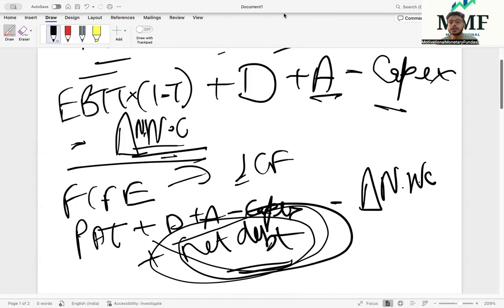Debt holders have been paid now. They're satisfied. That is why we're adding back net debt to ignore the impact of debt in the calculation.